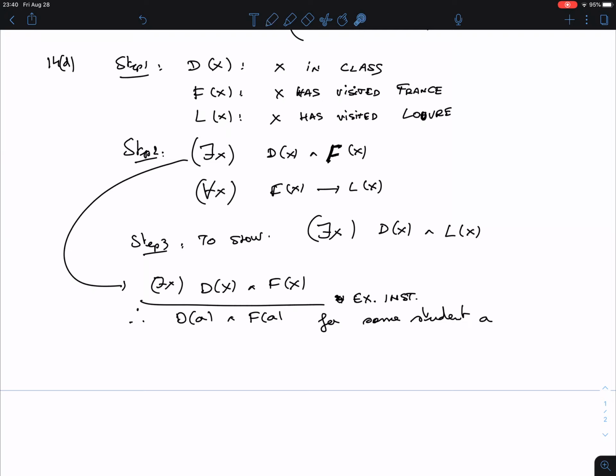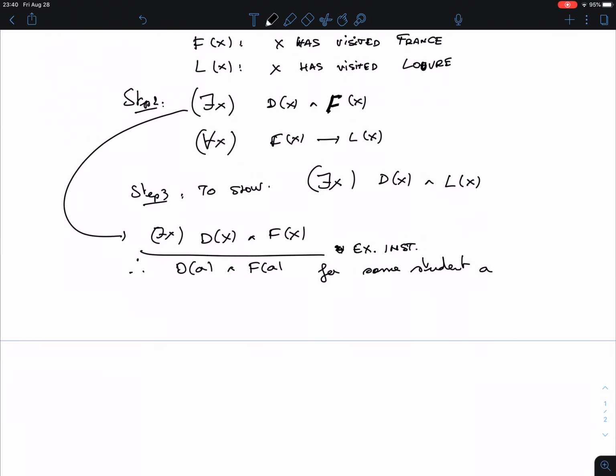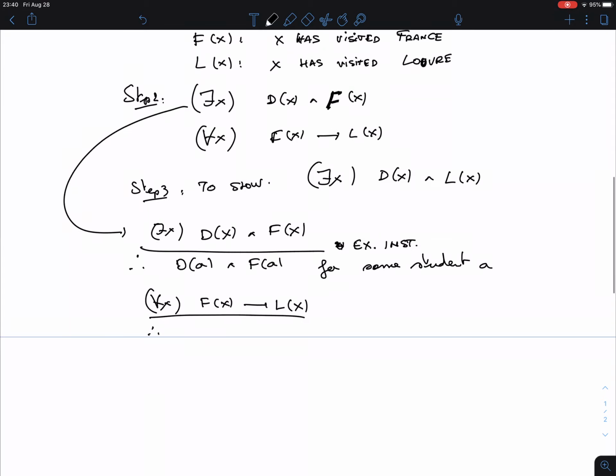What we need, let's go again, we need something about an existential. In other words, we need a witness for D. We have a witness for D. We have a witness for F. We don't have a witness for L. Well, again, we have this universal rule here. So by universal instantiation, the freedom I have is that I can take for x whatever I want, and I know what I want.